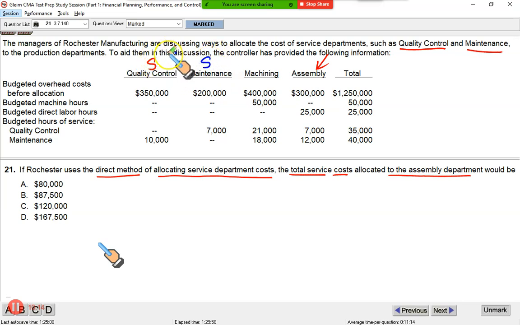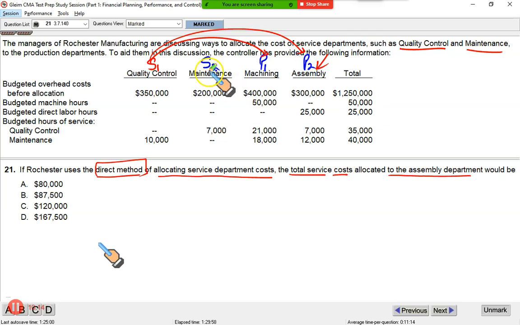So you can say this is service department 1, this is service department 2, and these two are production departments. Production department 1, production department 2. So what we are going to do, we are going to transfer the cost under the direct method. Quality control cost will go directly to production 1, production 2.